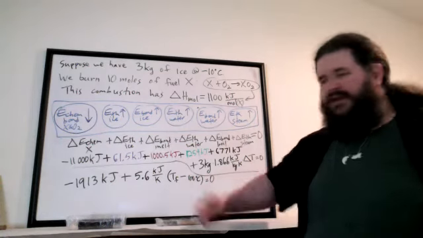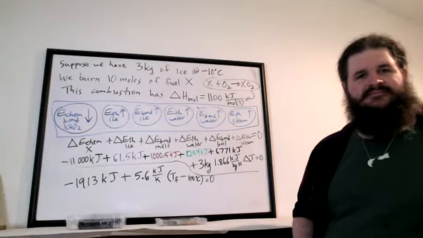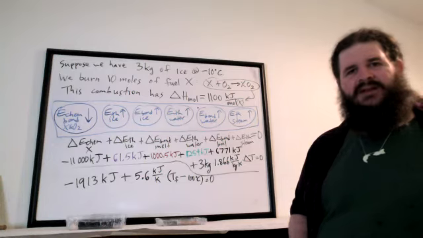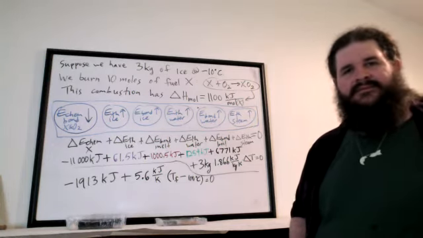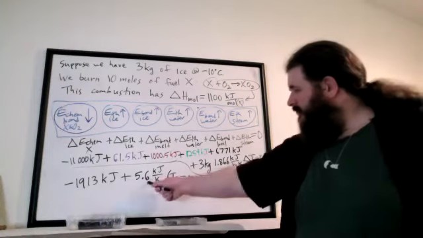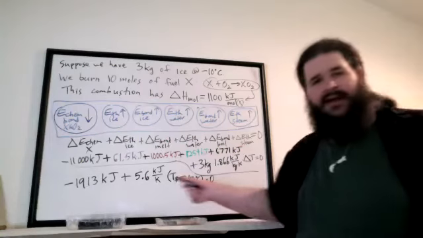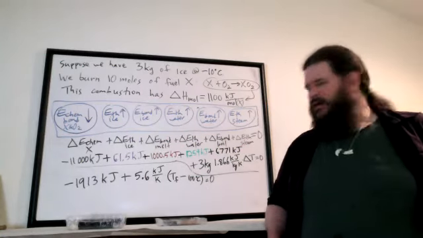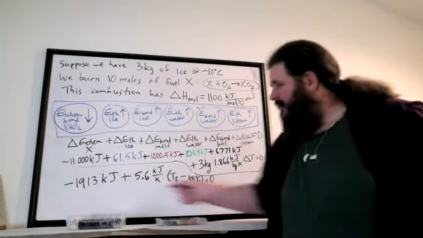So how do we isolate T final here? Algebraically, what's our next step? You could distribute the 5.6 to both of these terms, but I think it might actually be easier to leave this as is for now and just undo everything that's being done to T final. If you think of this in terms of order of operations, what's the very last step that would be done here?